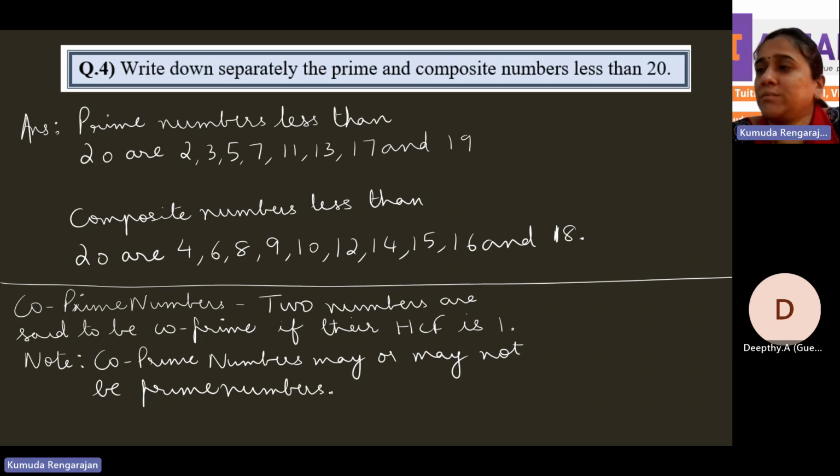Okay, so what are co-prime numbers? Actually it is 2 or more numbers, but in 6th standard we will talk only about 2 numbers. 2 numbers are said to be co-prime if their highest common factor is 1. They will have many factors, but their highest common factor will be 1.